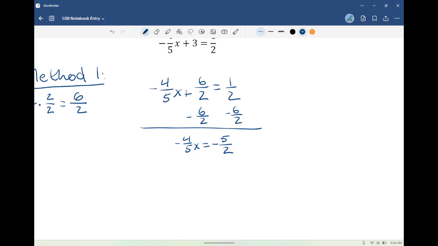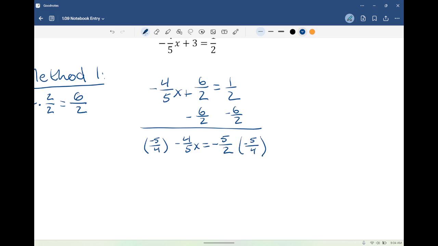Now, we just saw this on the do now. From here, I can either divide by negative 4/5 or multiply by negative 5/4. Remember that they are the same step. And so on both sides, I'm going to have negative 5/4 being multiplied. Now, help me out.